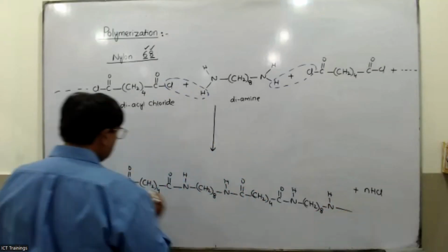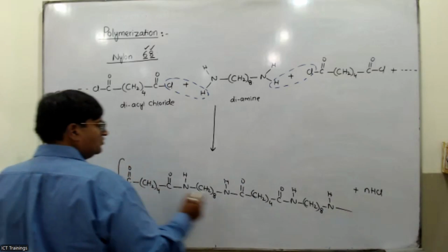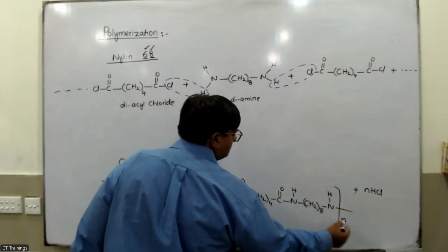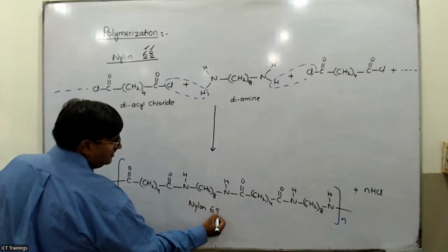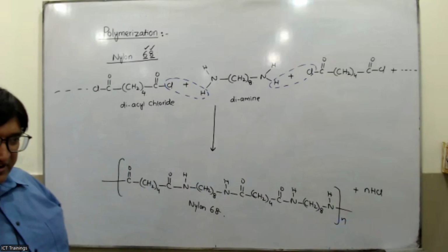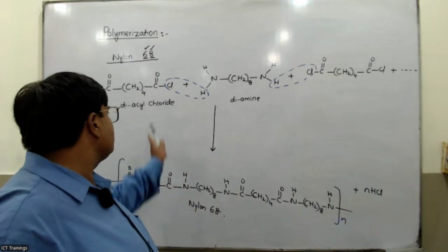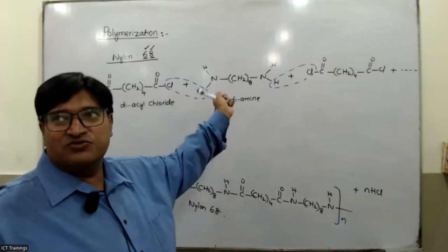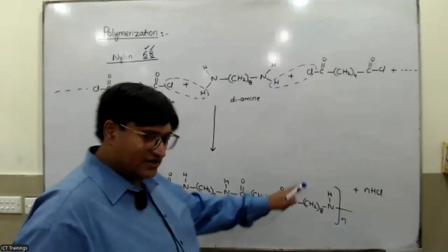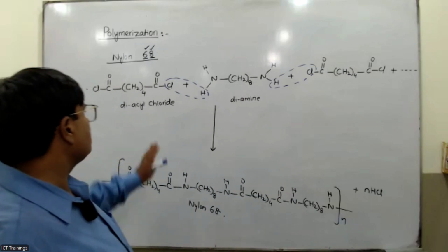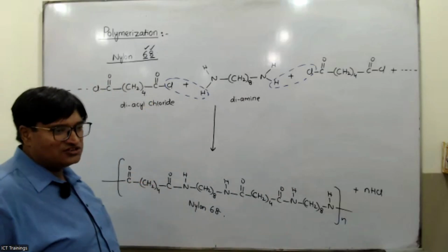So continue this whole thing. This whole thing, my dear students, is called nylon 68. Nylon has different kinds due to the different number of carbons in the two different monomers. The n is always there. So this is my dear nylon 68.